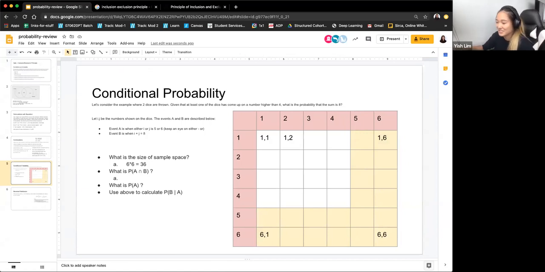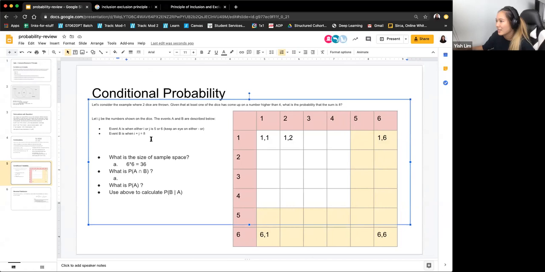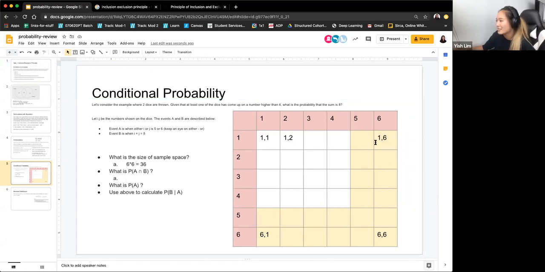So I really just count them up. 1, 2, 3, 4, 12, 12 plus 8, 20. So I know that event A is 20 cells.